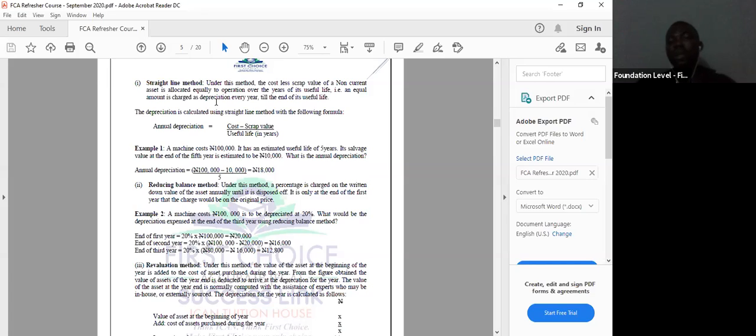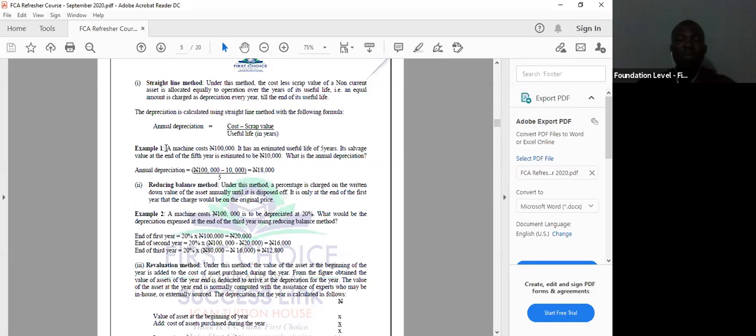Like I said, the formula is cost minus scrap value, or residual value, or salvage value, meaning the amount you are able to salvage, to recover from the disposal of the asset, divided by useful life in years.